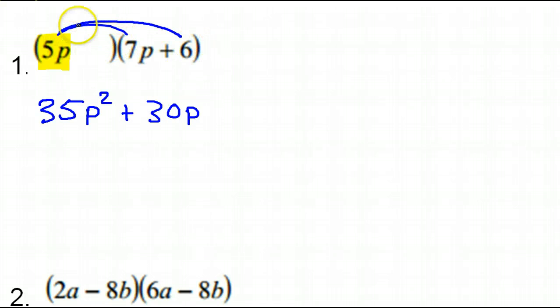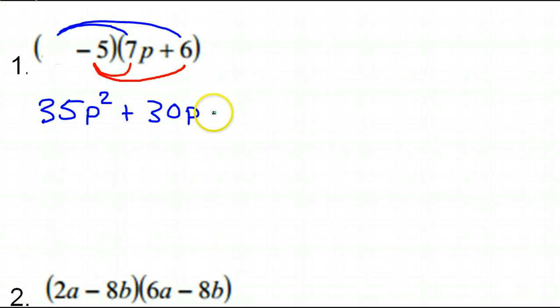Okay, now I'm going to switch. Don't pay any attention to that 5p. This time, look at the -5. And we are going to distribute the -5 like this. -5 times 7p is -35p. And -5 times +6 is -30.